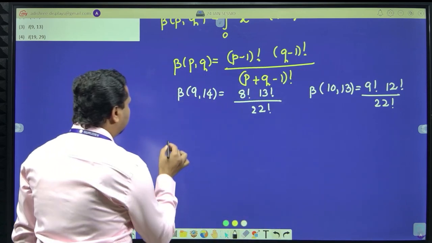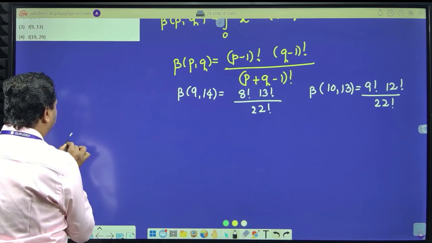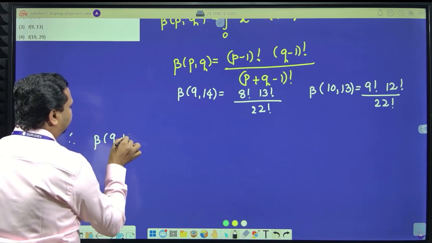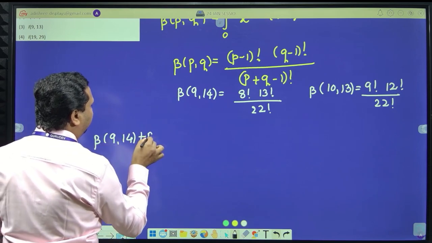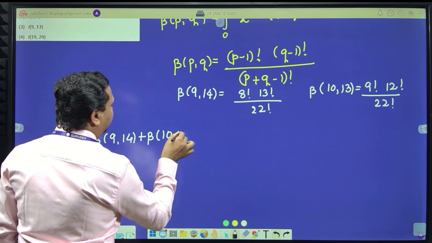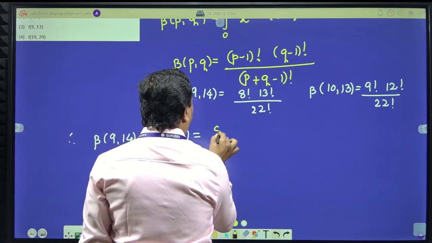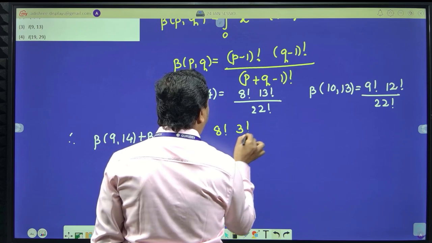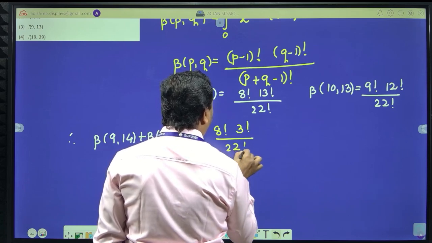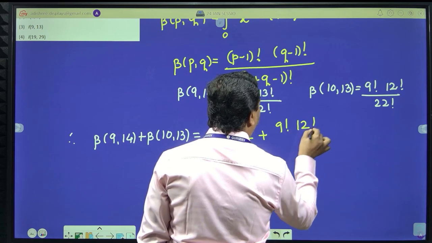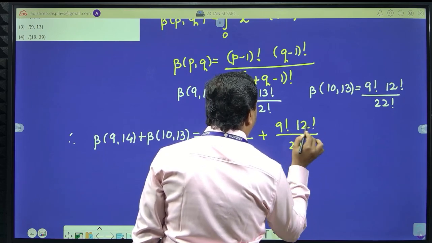The question is the sum of these two. So beta of 9 comma 14 plus beta of 10 comma 13 is equal to 8 factorial into 13 factorial divided by 22 factorial plus 9 factorial into 12 factorial divided by 22 factorial.